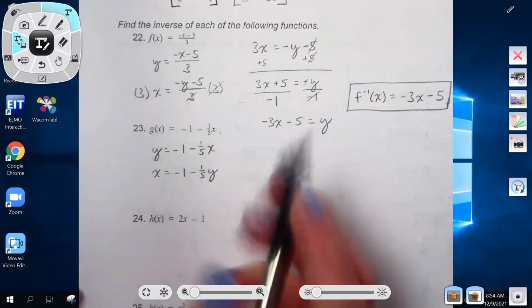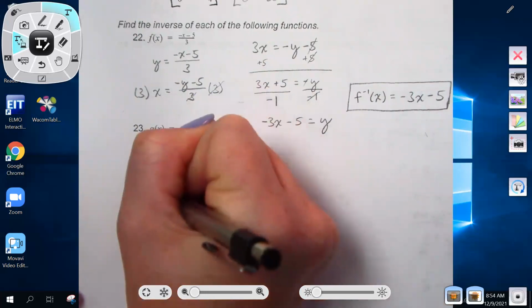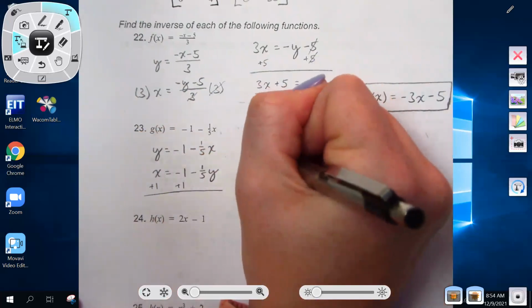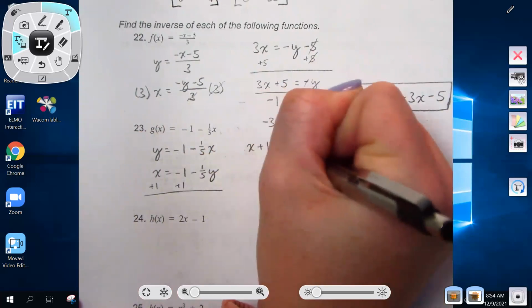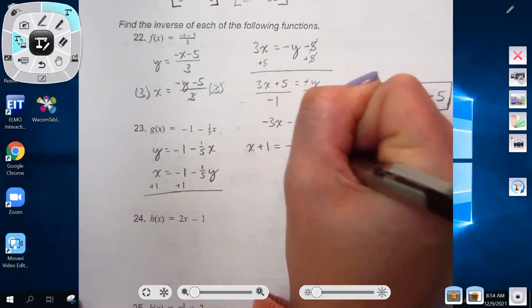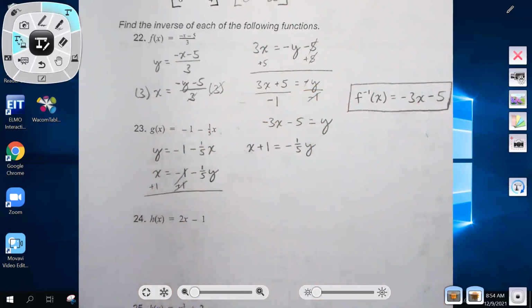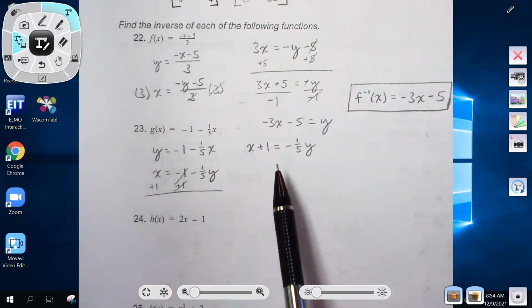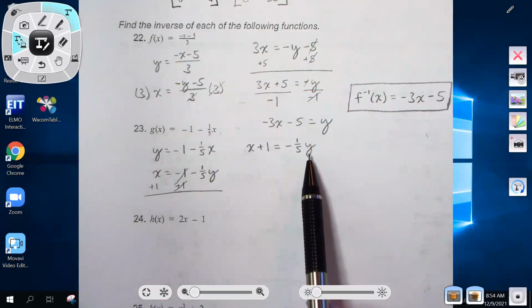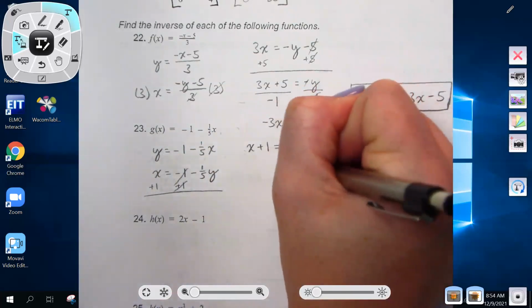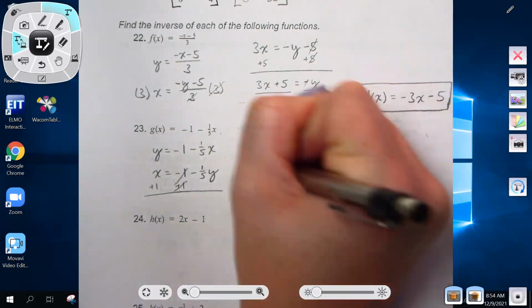So let's get rid of this minus 1 by adding 1 to both sides. So we get x plus 1 equals negative 1/5 y. And we need to get the y by itself by dividing both sides by negative 1/5.